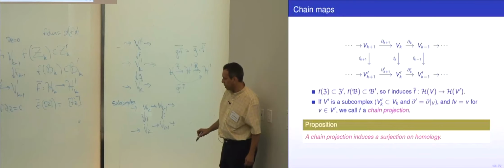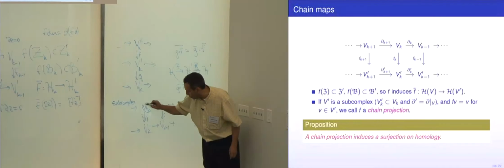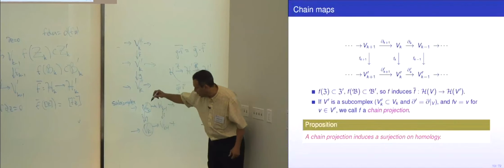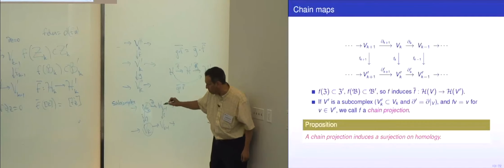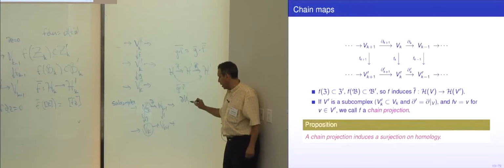The inclusion of a subcomplex is a chain map. A subcomplex means that not only are the WKs subspaces of the VKs, but the D of WK maps into WK minus 1. That's our property to define a subcomplex.